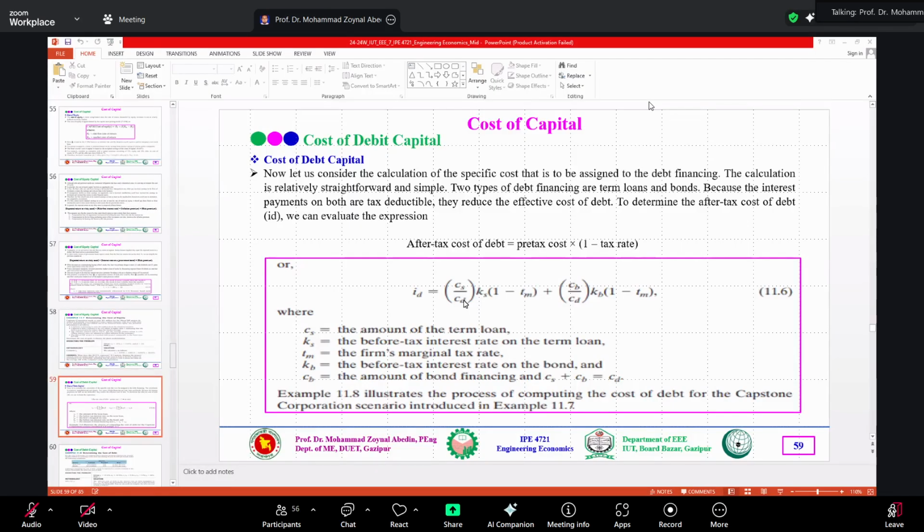CD is the total value, the cost of debt. CS is the amount of the term loan, KS is the before-tax interest rate on the term loan, then KB is the before-tax interest rate on the bond. One is for the loan, one is for the bond.